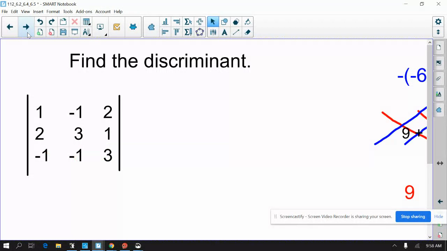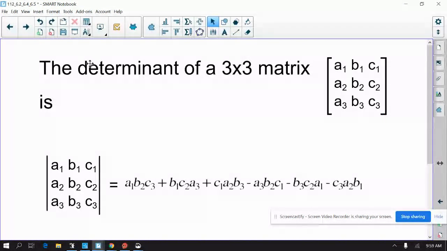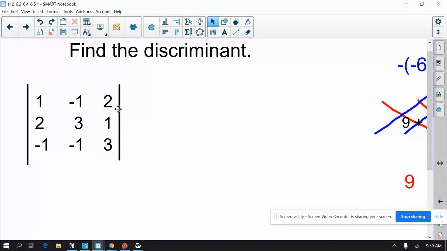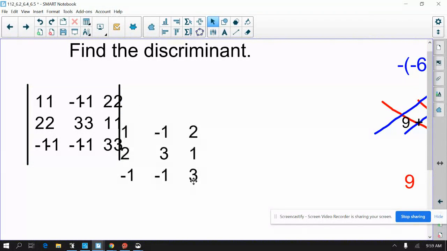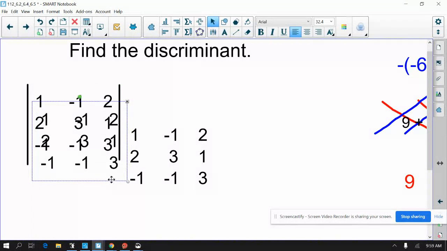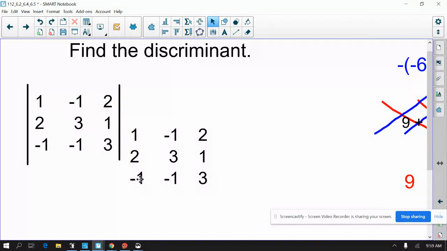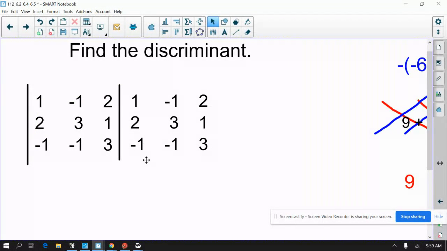So let's practice just one because these are a little time consuming. Find the determinant of this. So first thing I do, unless you have this memorized, we will use our little crutch. We'll rewrite the matrix right here.